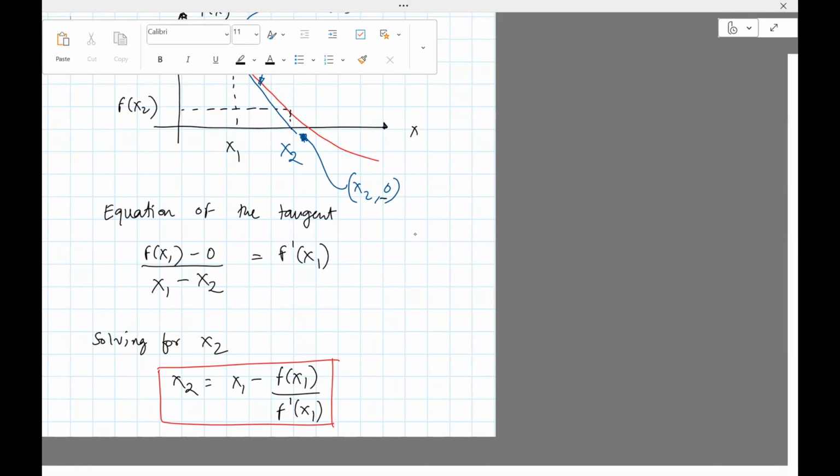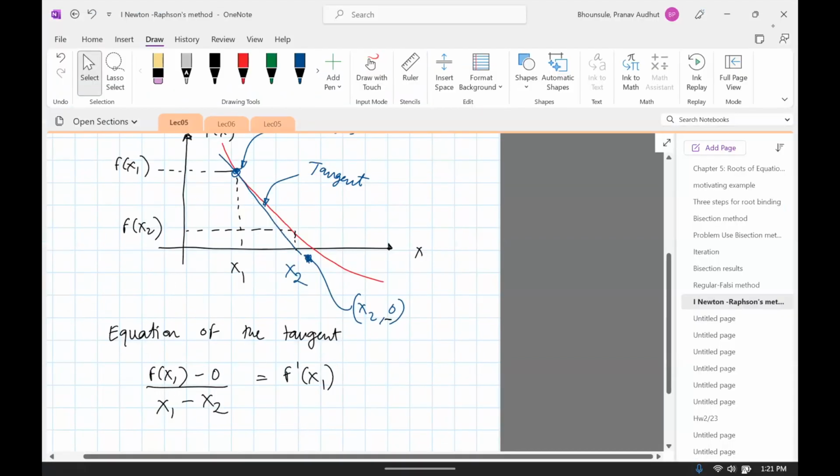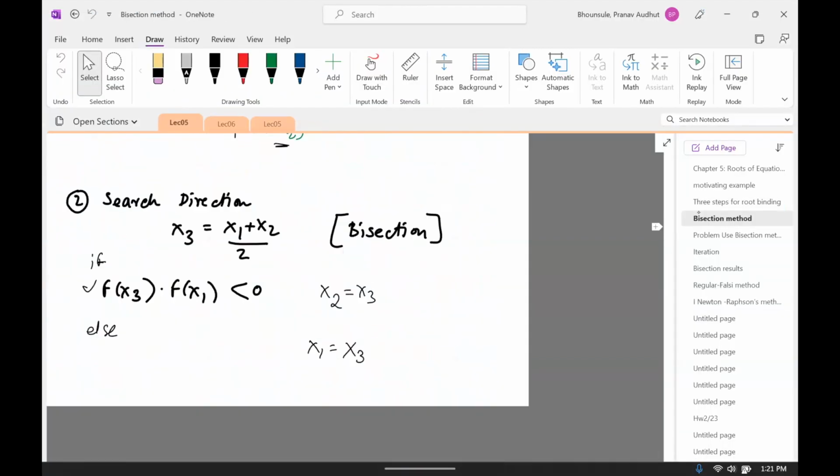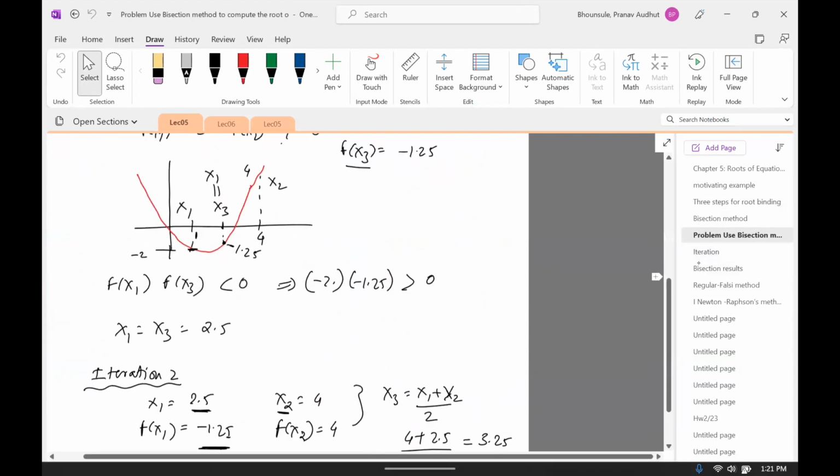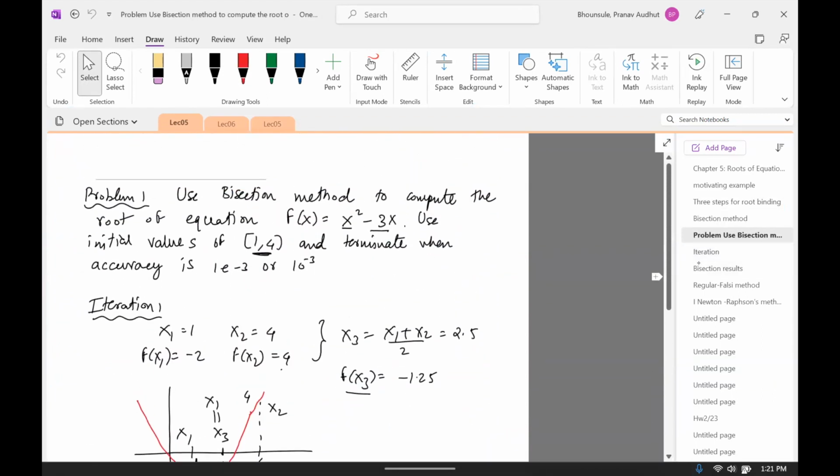Okay, let's answer that question, not with a proof, but just using the same problem. Let's take the same problem as we've taken before. Exactly the same problem, but we'll solve it with Newton-Raphson.